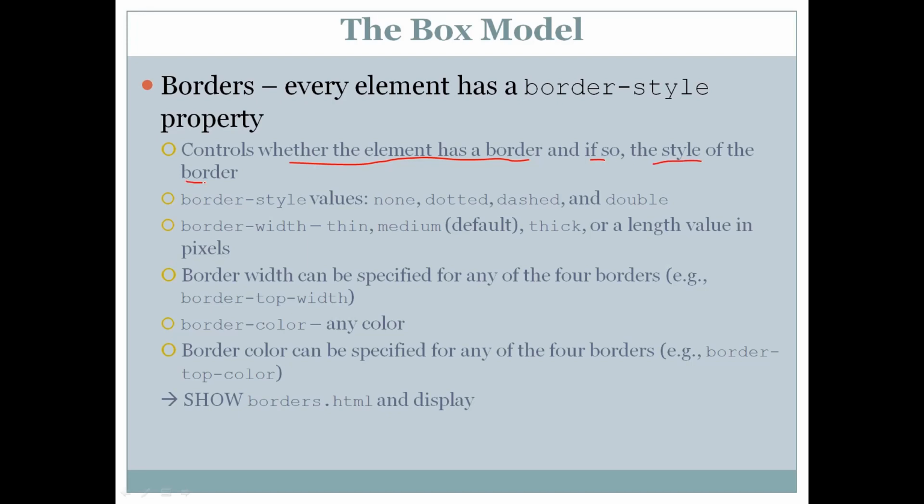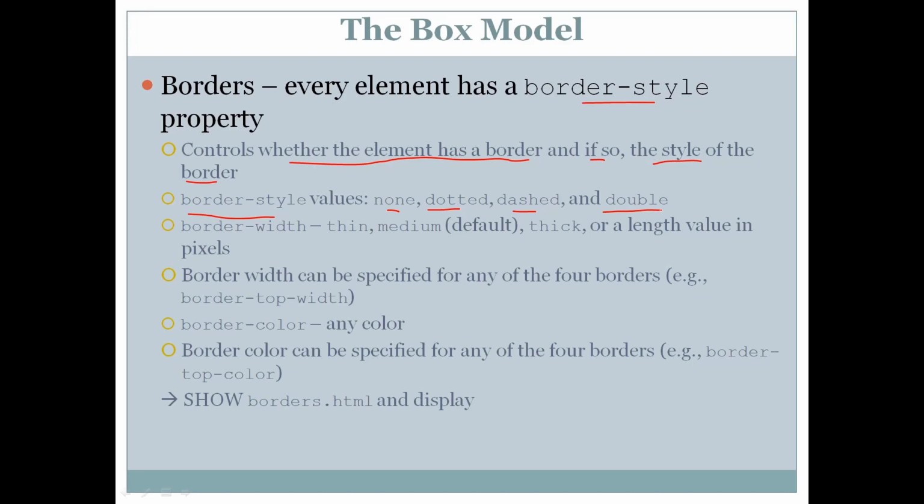It simply specifies if an element has a border, and if it has a border, what is the style of that border. And the values for border style can be none, dotted, dashed, or it can also be double.